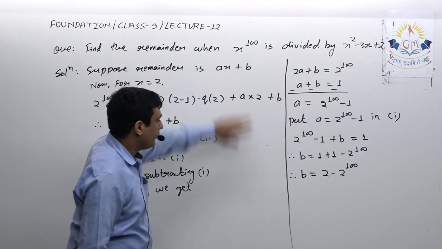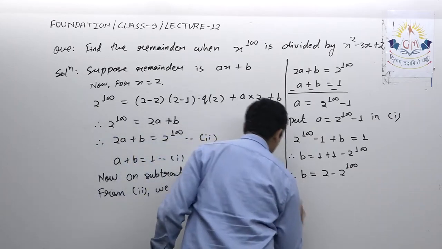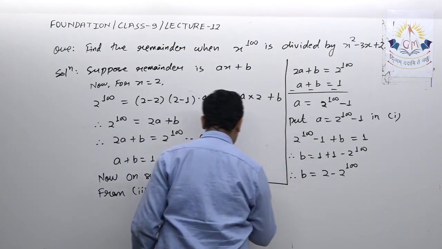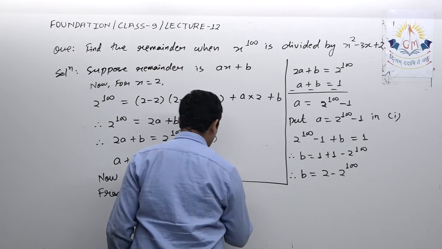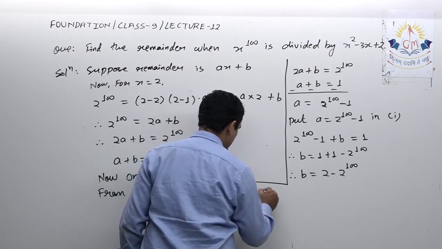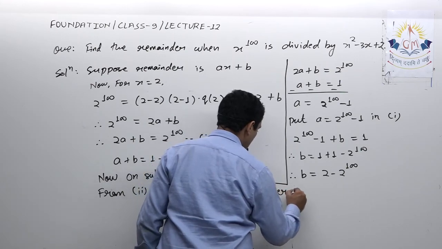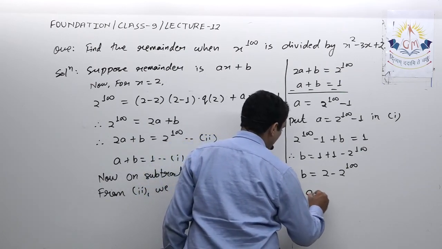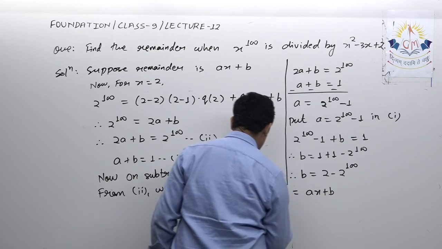Simply I will put them over here to get the remainder. The remainder is equal to ax plus b.